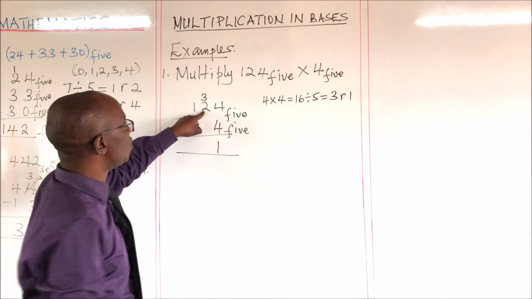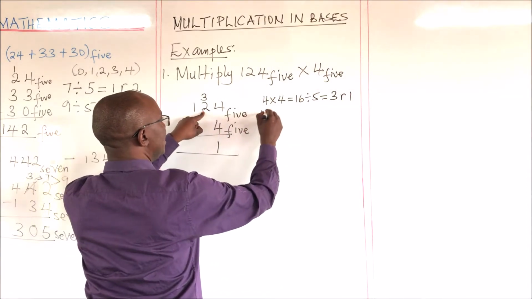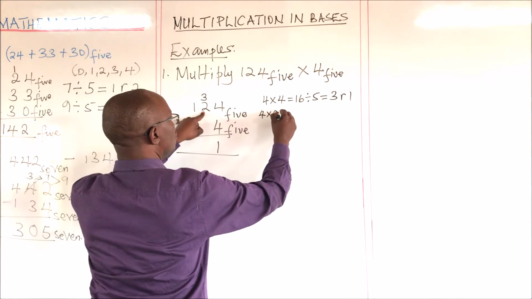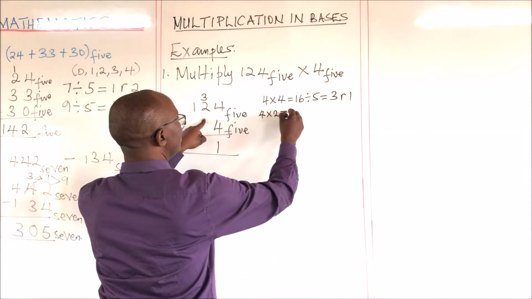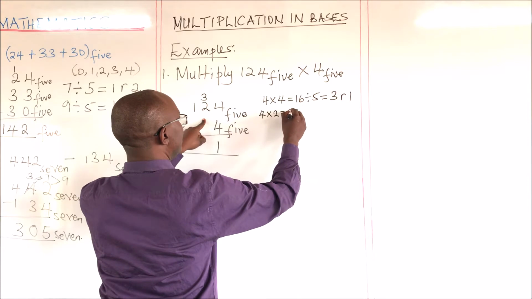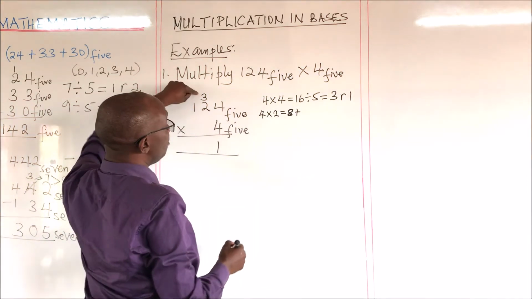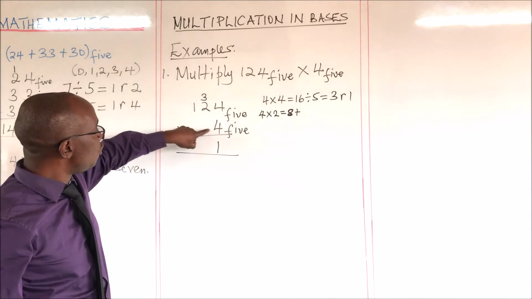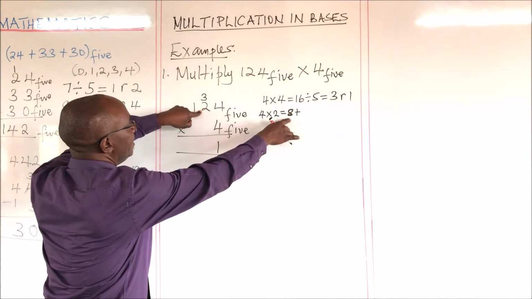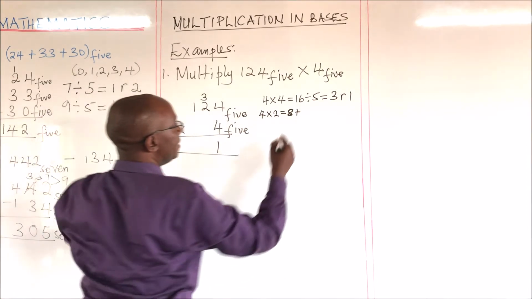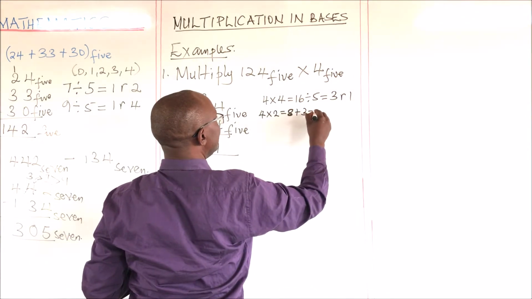So now we multiply 4 times 2, which gives us 8. But plus the 3 you carry, you end up getting 11.